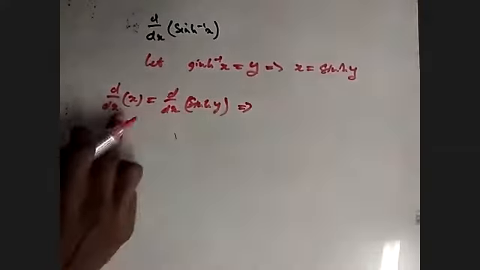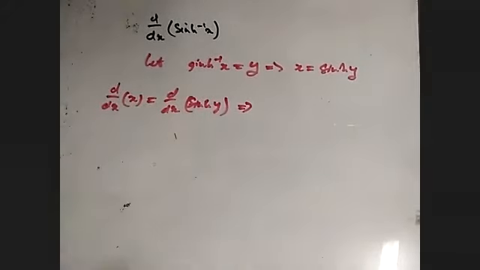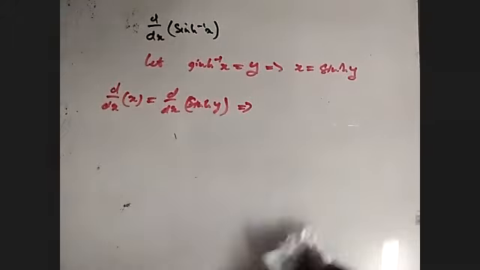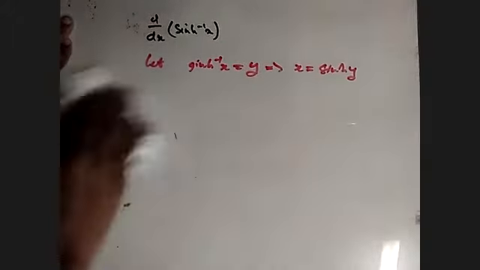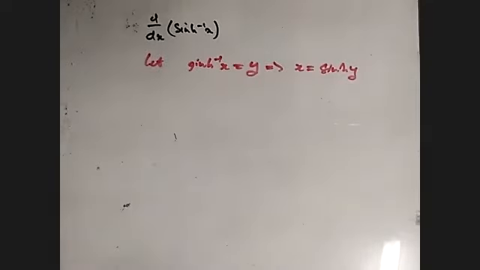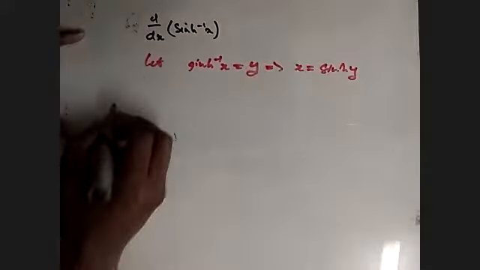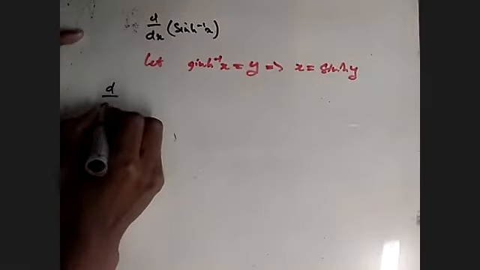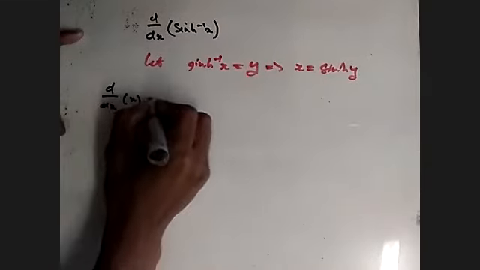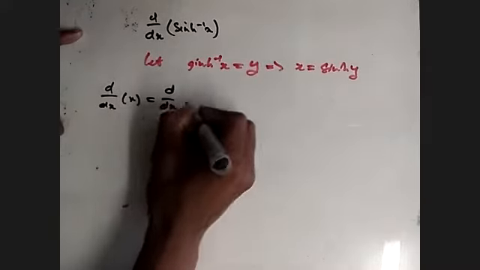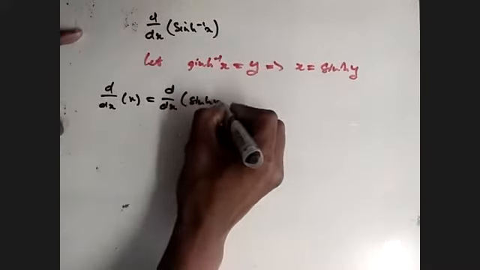Okay. So the derivative of x, oh, actually I'm using the wrong one. Okay. So as I was saying, from here I'm just going to use implicit differentiation. d/dx of x is equal to d/dx of sinh y.